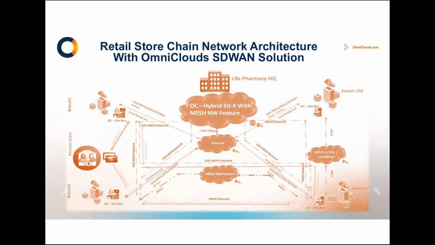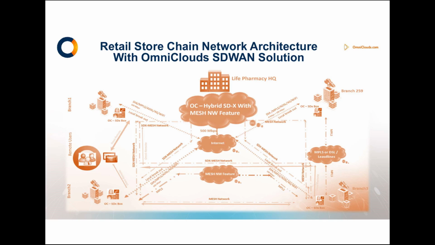All of these locations do not need to go back to the HQ to reach the SASE application, which would require huge bandwidth on the HQ. No, each single branch can have a local breakout feature, accessing the SASE services in a secure manner with a built-in UTM in each single device.